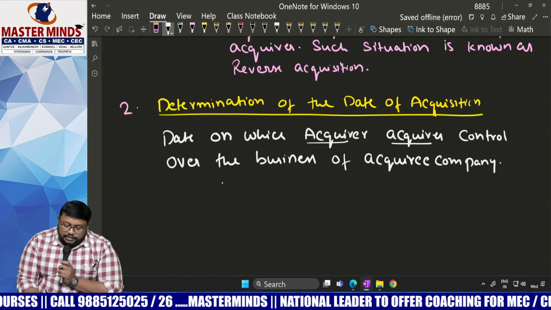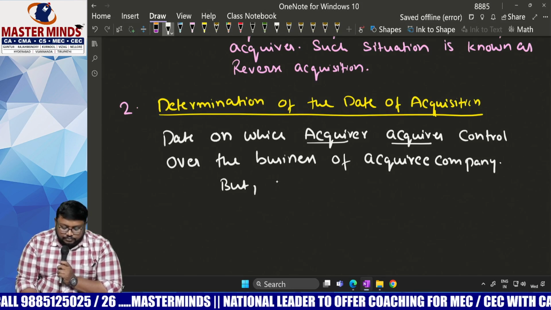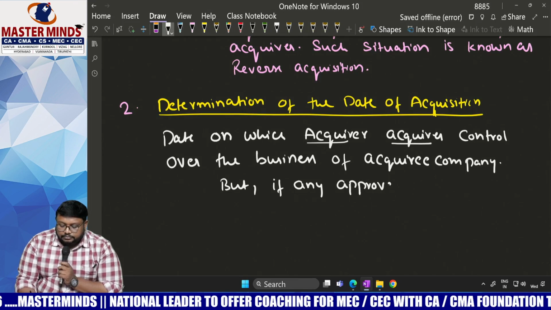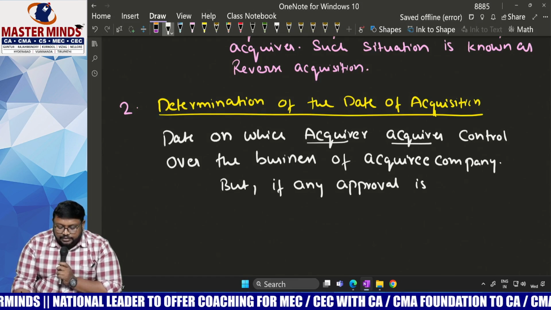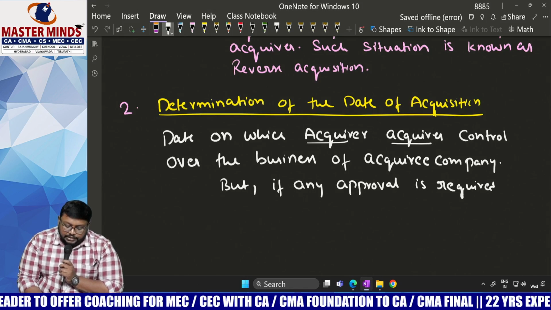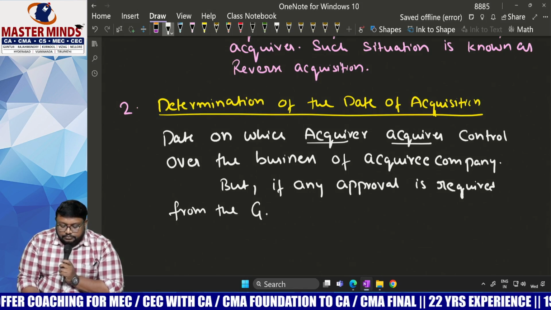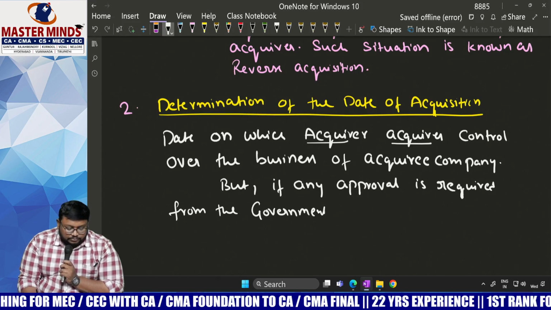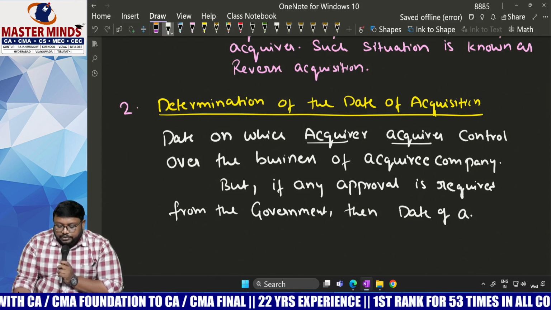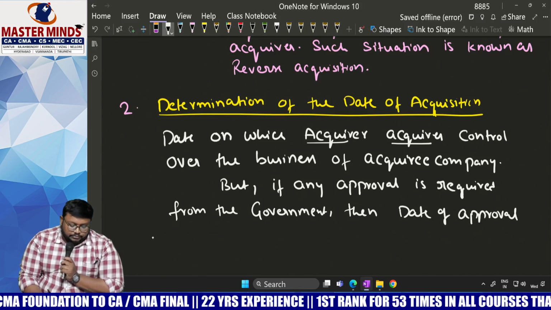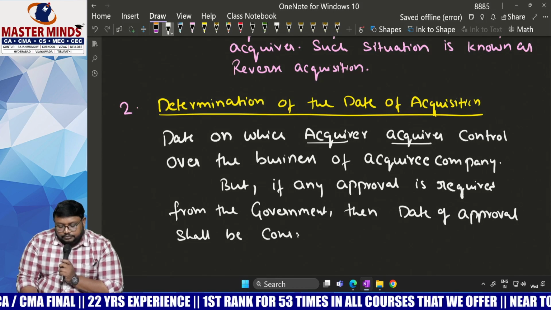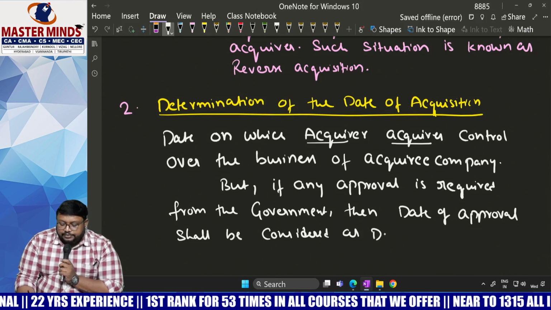Next paragraph. But if any approval is required from the government, then the date of approval shall be considered as the date of acquisition.